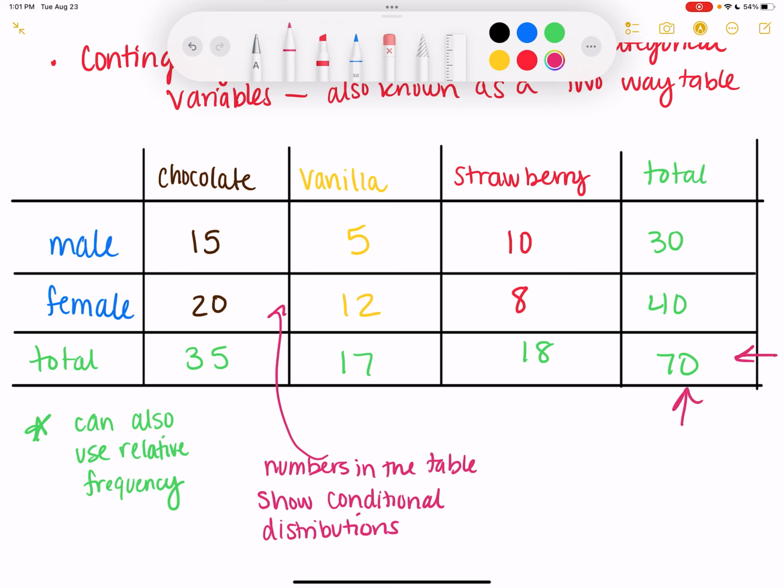And then the numbers that are in the total row and the total column here are marginal distributions. And that shows category totals.